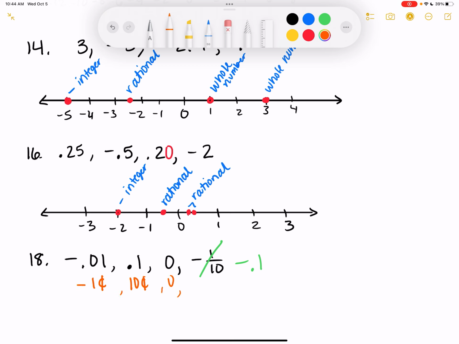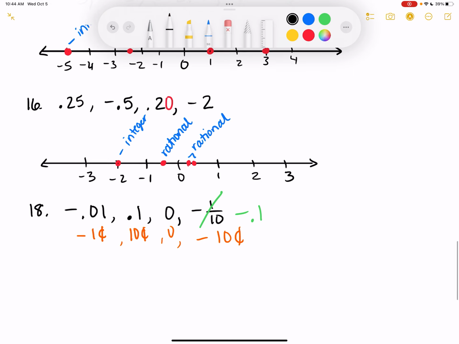And the last one is minus 0.1, which would be minus 10 cents. So I have minus 1 cent, I have 10 cents, I have no cents, and I have minus 10 cents. So I'm going to think about it that way, but I'm going to use the decimals when I actually graph it. This is just going to help me think about where they go.